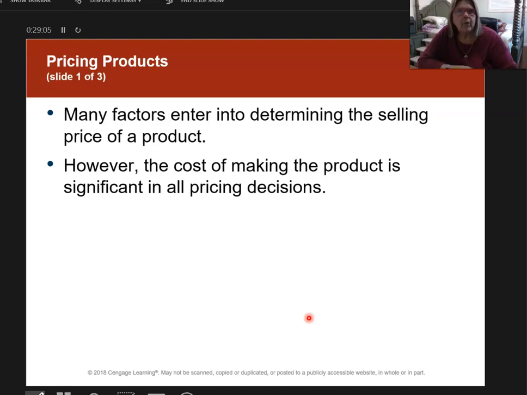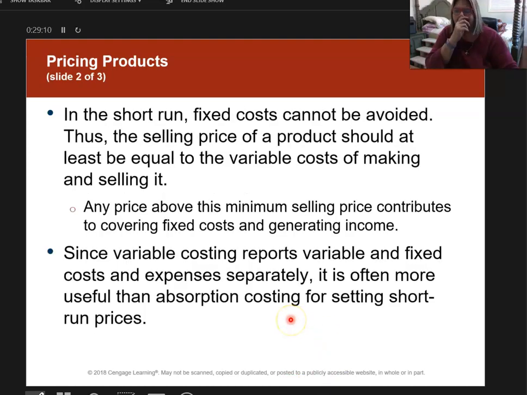So I had to always know exactly what my product costs were. In the short run, fixed costs cannot be avoided. Bottom line, you're going to pay for fixed costs no matter what. Again, I'm not going to read all of this to you. I'll let you take time to read it, just to understand how to price products.